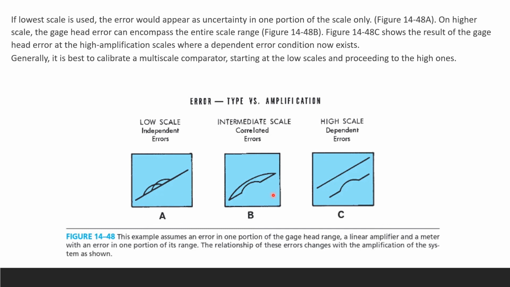Then we go to B, okay, on a higher scale, the gauge head error is going to encompass the entire scale range. Then we go to the higher scale, okay, so the result of the gauge head error at the high amplification scale is a dependent error condition, and we can see that, okay.